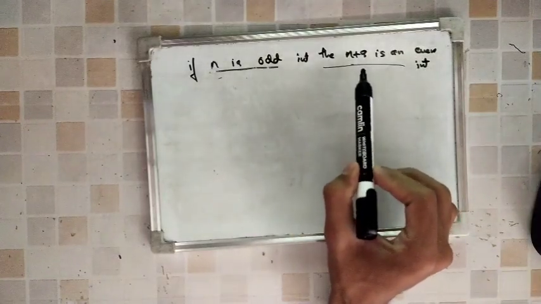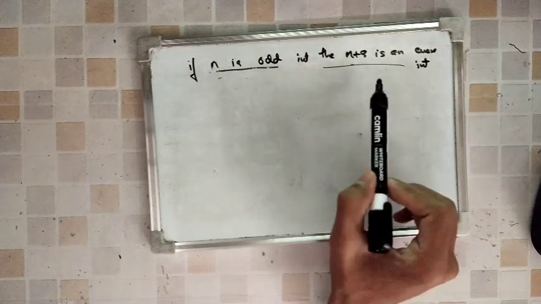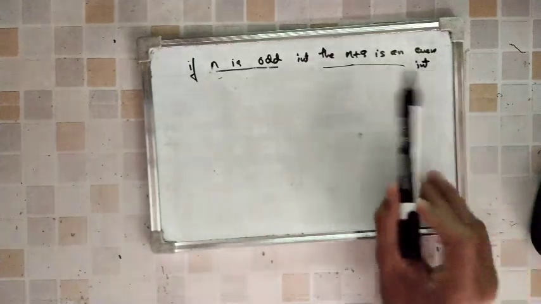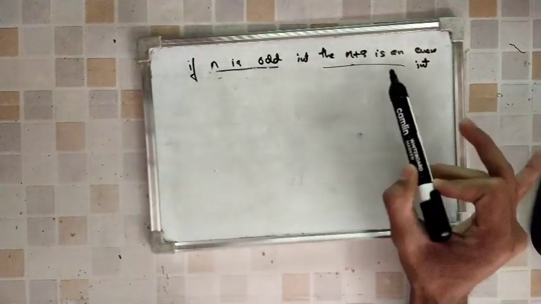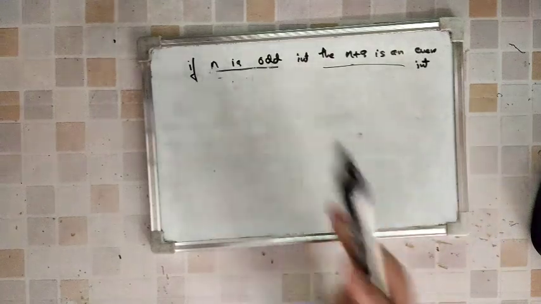Then I assumed n plus 9 is an odd integer, and I got n as an even integer. So if n is odd, then n plus 9 is even, and if it is even, then automatically the other will become odd.